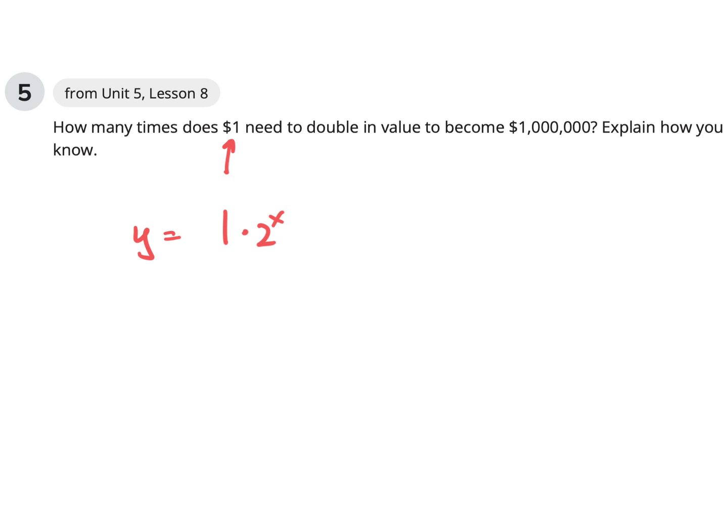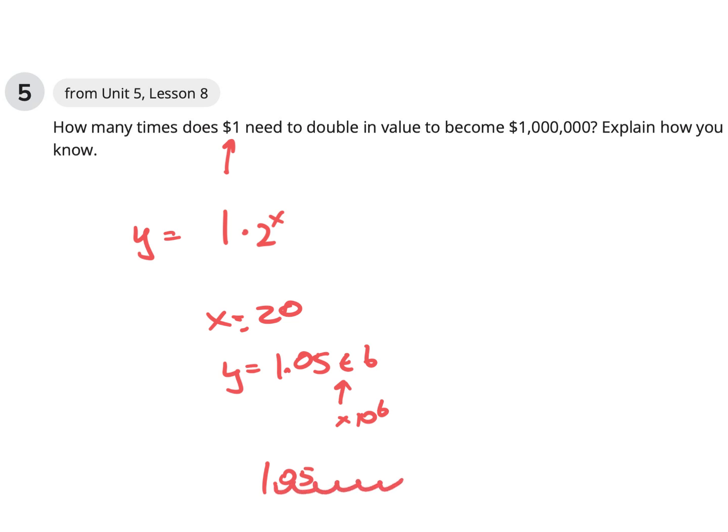At 20, we see when x equals 20, y equals 1.05 E6. Now, E means times 10 to the power, so that's scientific notation. You move the decimal 6 times to the right. So 1.05, you move it 1, 2, 3, 4, 5, 6.